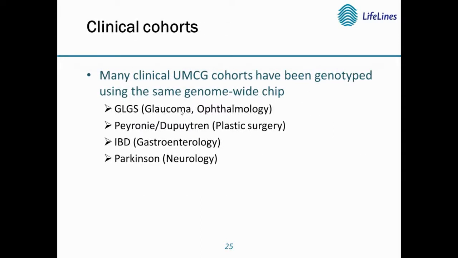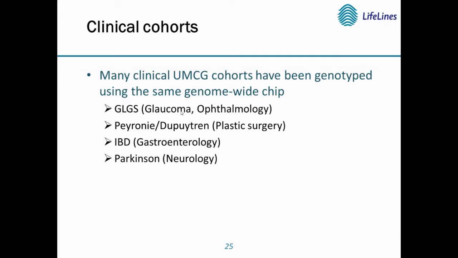On top of that, many clinical UMCG cohorts, but also clinical cohorts throughout the Netherlands have been genotyped using the same genome-wide Illumina GSA chip. Just some examples here: the GLGS for glaucoma, Peyronie Dupuytren for plastic surgery.